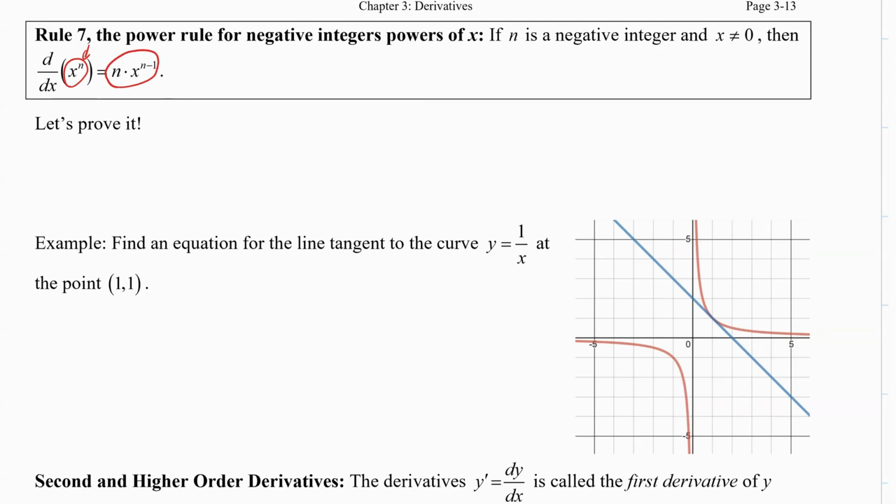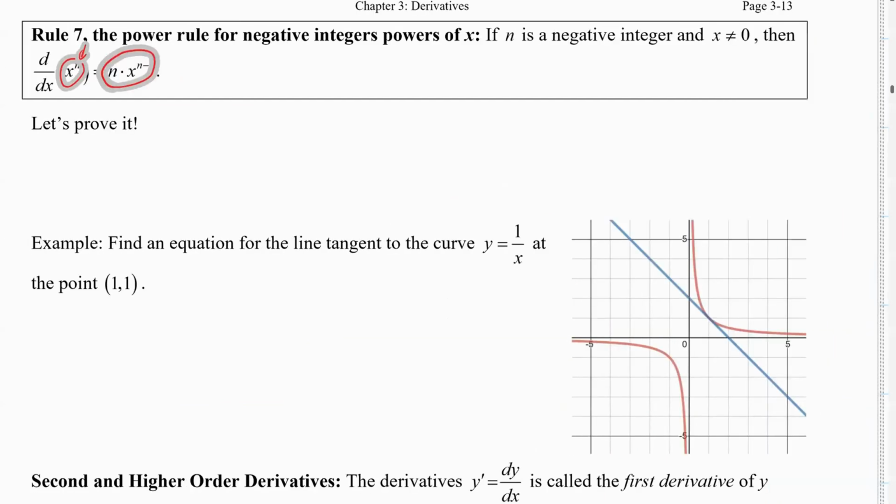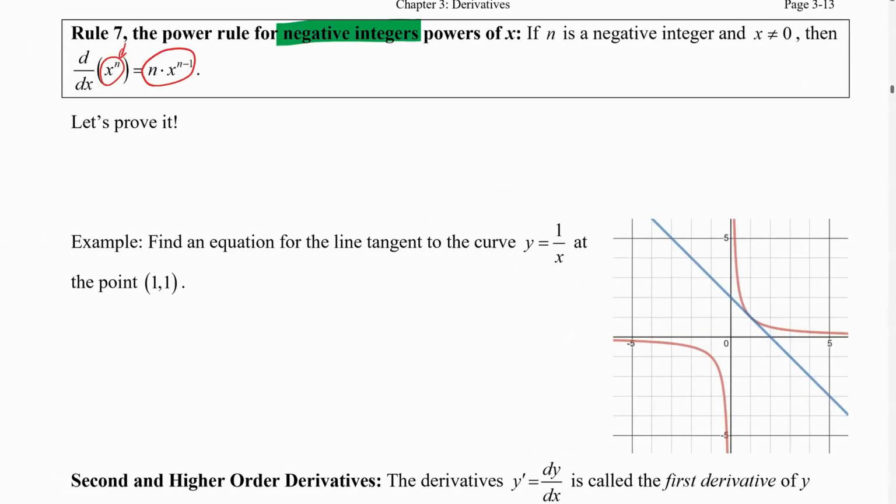Now, why do we need to treat this differently than the rule that we already proved? Well, specifically, we use the binomial theorem to expand out that positive integer. But this one, by its definition, is using a negative integer. But it just so happens that we have some tools that we can use.